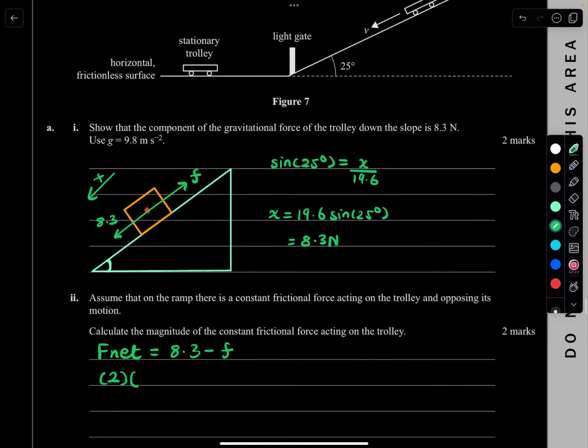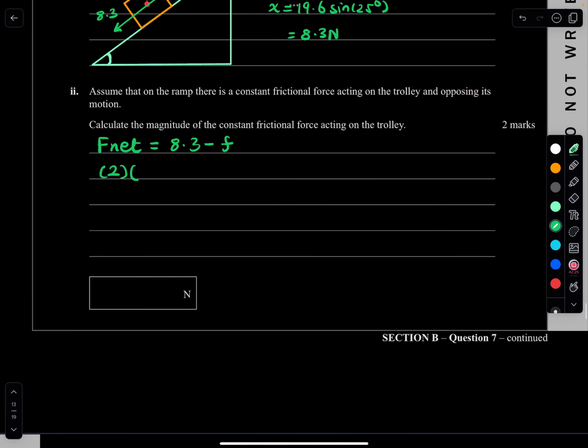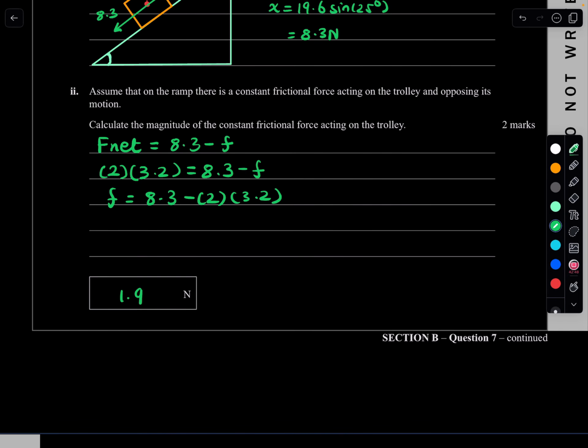Your acceleration, they have given it as 3.2, is equal to 8.3 minus F. So F is 8.3 minus 2 times 3.2. Done. So it's going to be 1.9 newtons. Done.